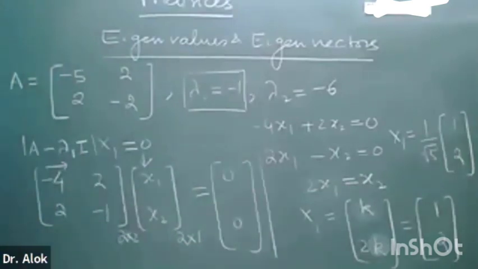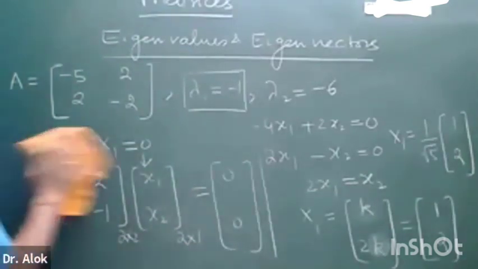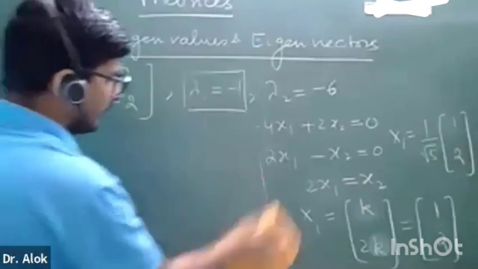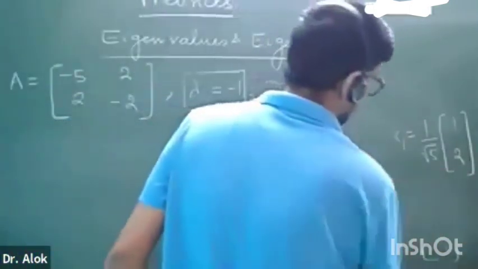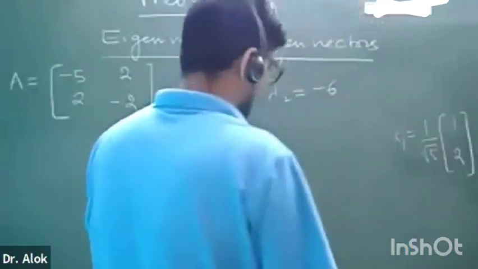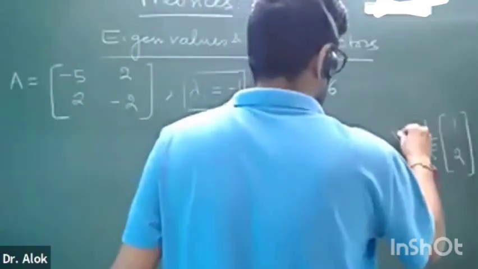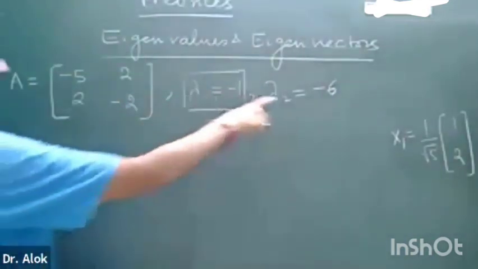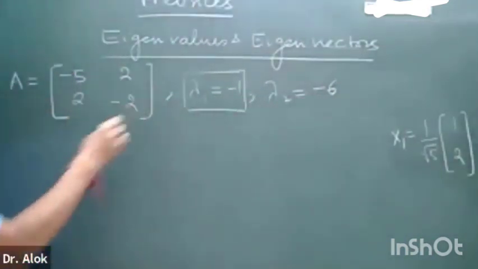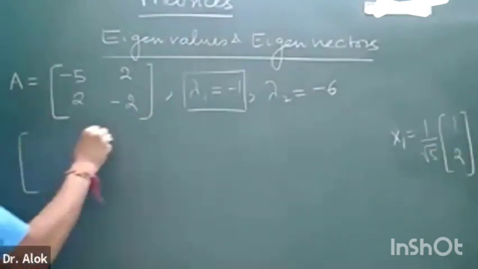Now the same procedure will be followed for writing the eigenvector corresponding to lambda equal to -6, and please see what the matrix will become quickly.